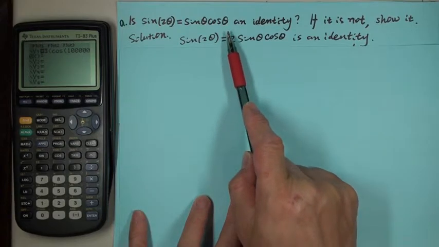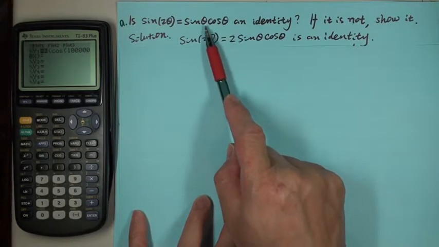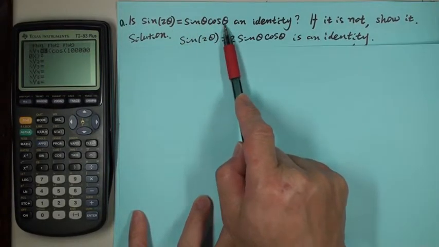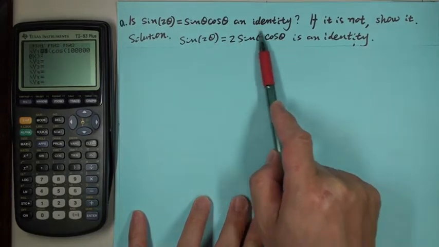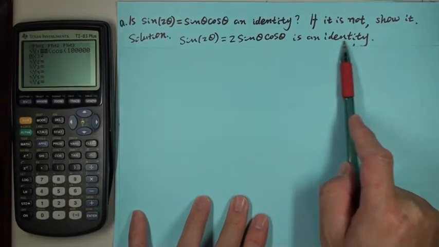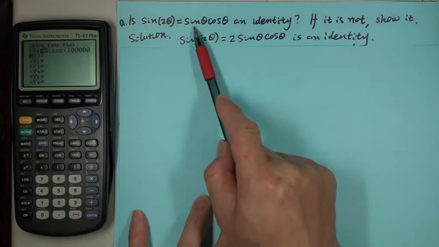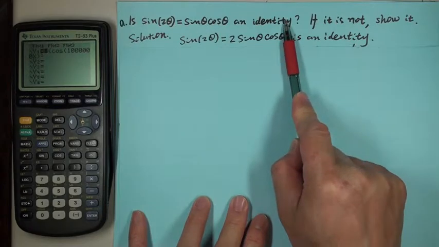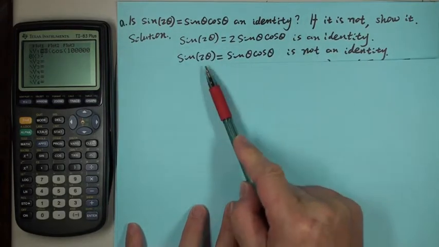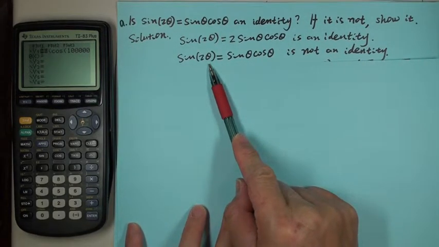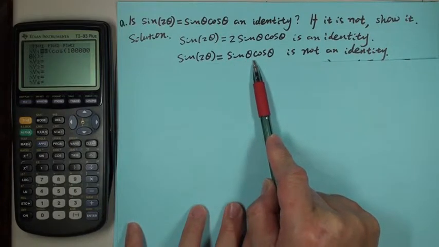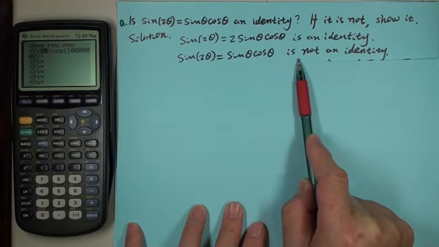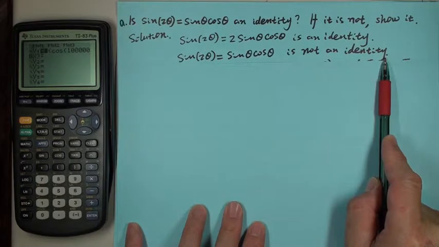Whatever values you plug in here is going to be an identity. But this one without the 2 will not be an identity. So you may say sine 2 theta equals sine theta and cosine theta is not an identity.